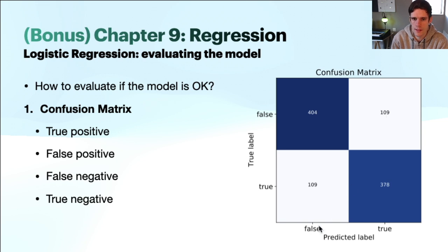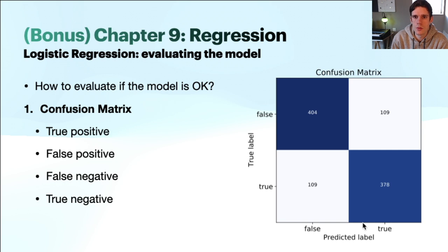Now, on the other hand, we can predict a value to be false, and it is in actuality indeed false. So again, this is a good prediction. Now, this is a true negative, because we are right in predicting that the value will be false. But of course, we can also make a wrong prediction. We predict it to be false, but in actuality, it was a true label.